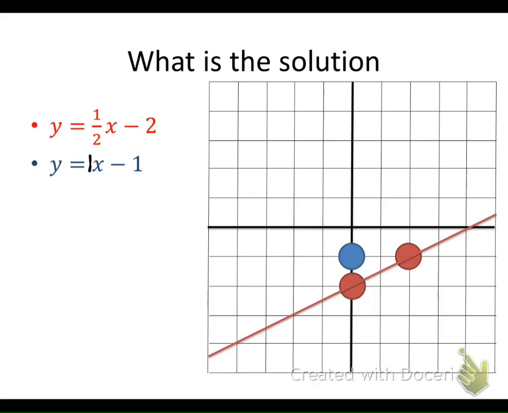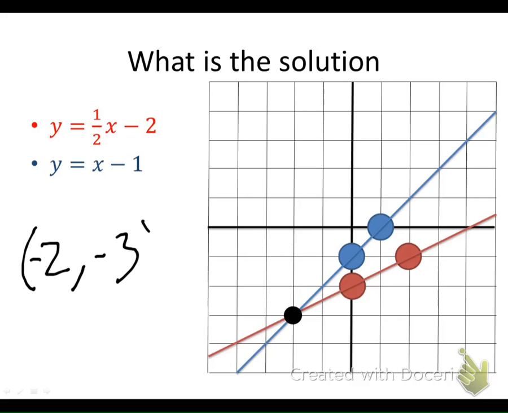Because 1 times x is just x. And so why write it all the time? But that is the slope, so it's 1. If we want to make that a fraction, it's 1/1. So we'd go up 1, forward 1. We draw the line through them, find the intersection point, which happens to be x is -2 and y is -3.